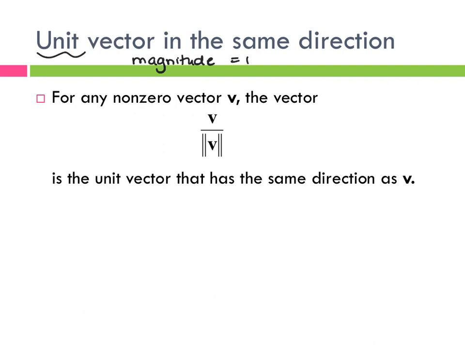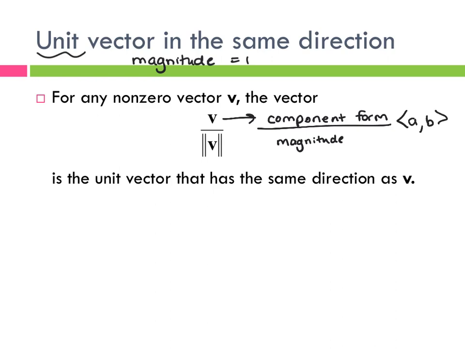And the way we find this is by taking the component form of v, whichever one we're trying to find, component form in the numerator over the magnitude of that same vector. So this is going to be a comma b, and this is going to be a single number in the bottom, and then we'll split and simplify it.